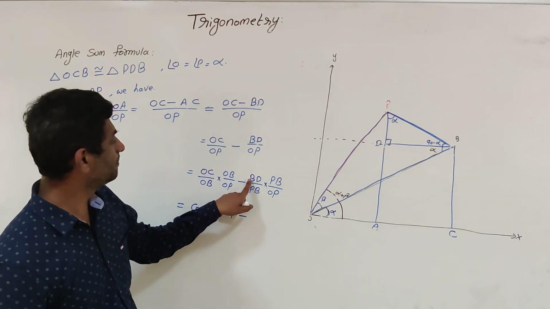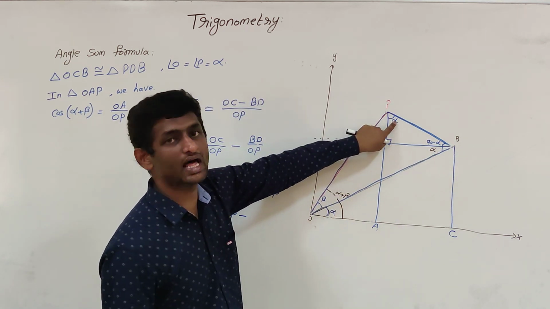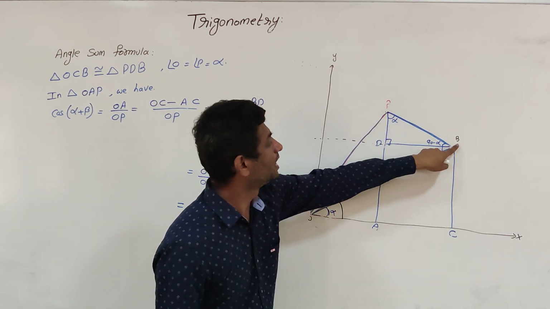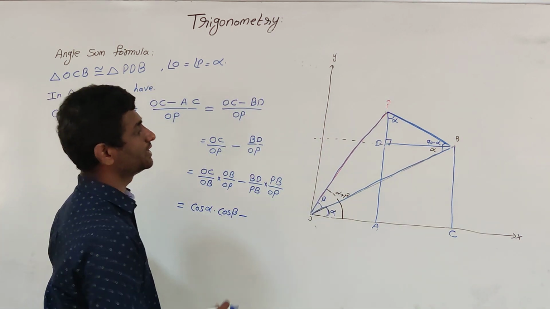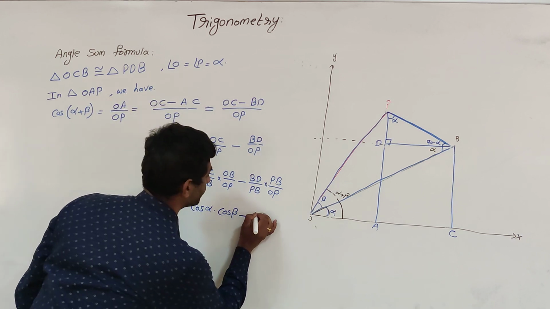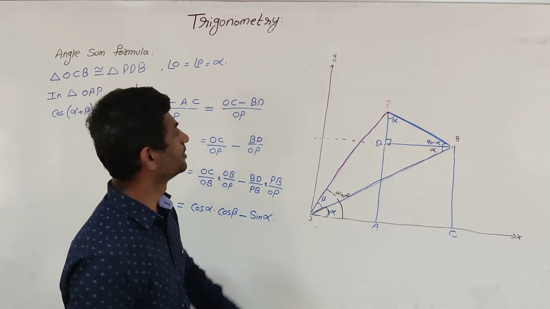Now we'll go for BD by PB. BD is the opposite side for alpha and PB is the hypotenuse. Opposite side of alpha by hypotenuse gives sin alpha, into PB by OP.